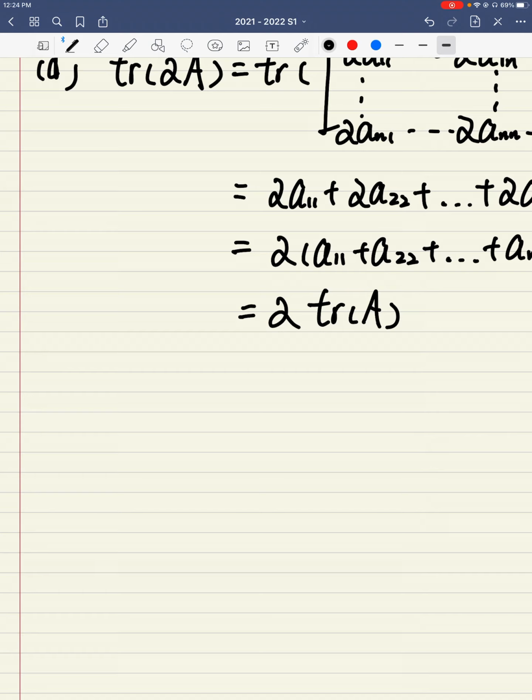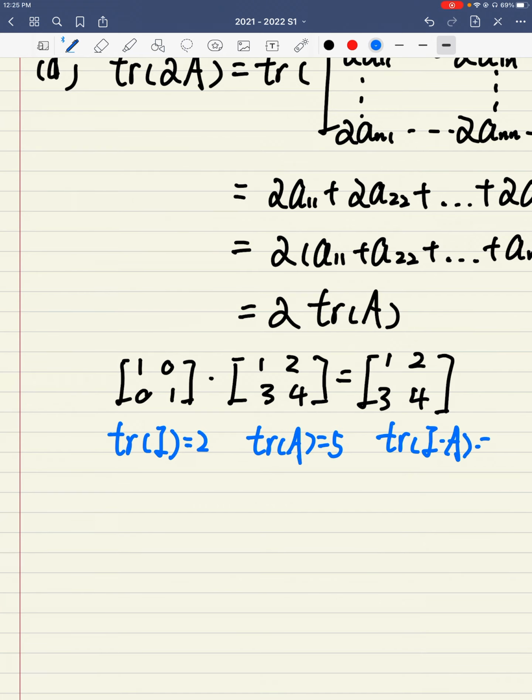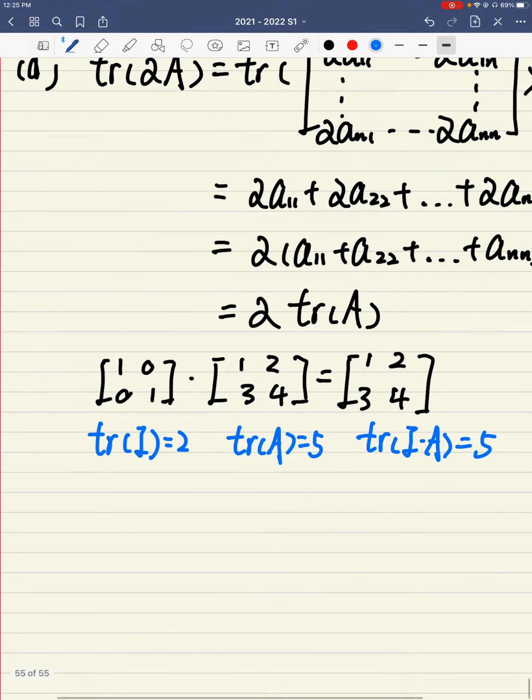Let's take a very easy example, like an identity matrix times whatever matrix, say 1, 2, 3, 4, which gives the matrix itself. Here the trace of the identity matrix is 2, and the trace of matrix A is 5. But the trace of I times A is still 5. So trace A times trace B is not equal to trace AB. That's not the case.